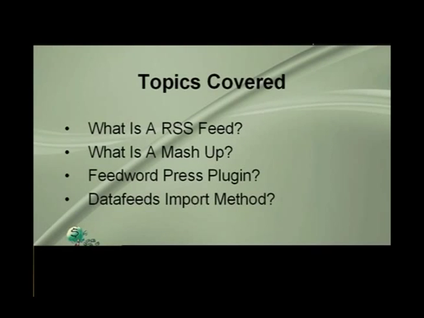And then the last method we're going to talk about is how you can get data feeds from websites like Amazon.com and import this data feed into your blog, allowing you not only to post new content, but also post your affiliate link to that content. So every time somebody clicks on a link from your blog and goes to Amazon.com, for instance, you will get a commission on the sale.